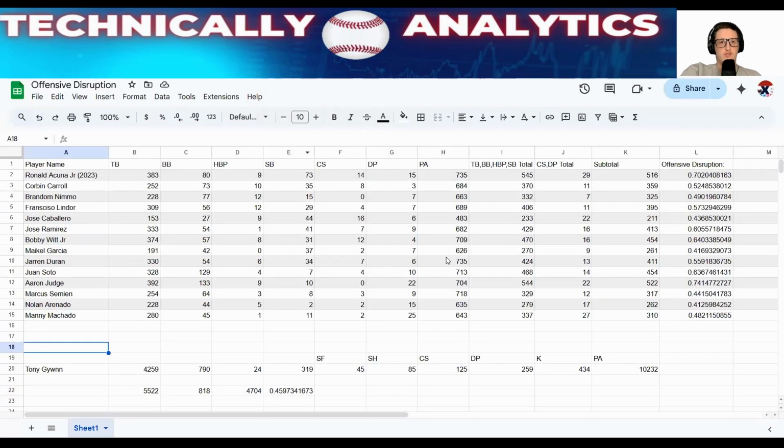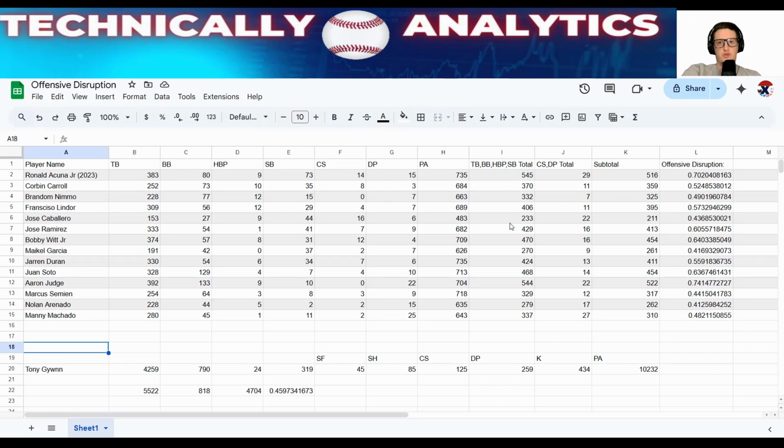And moving on to the spreadsheet that I made, I just did a few players. I don't want to go too crazy with it. It's kind of a janky thing. I'm not great at spreadsheets, but I know some stuff. You have the usual lines. I did it in order: total bases, walks, hit by pitches, stolen bases, caught stealing, double plays, plate appearances.